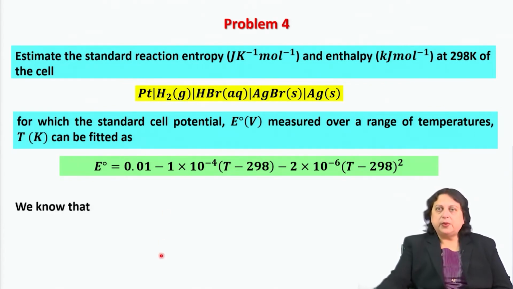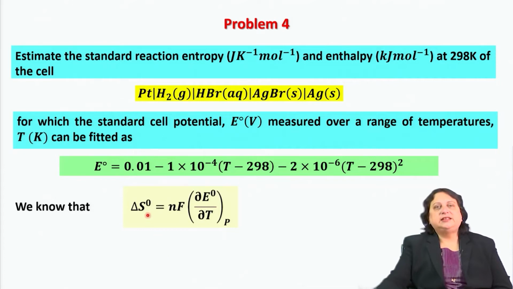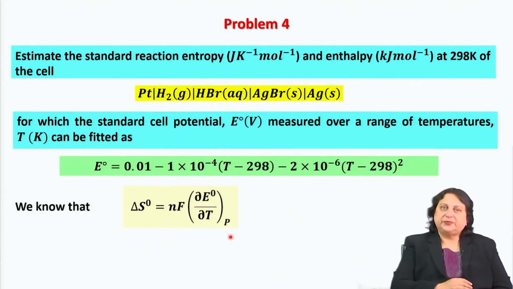Now, we know from our earlier discussion that the standard reaction entropy for the electrochemical reaction is given by NF into a temperature derivative of the standard cell potential under constant pressure.